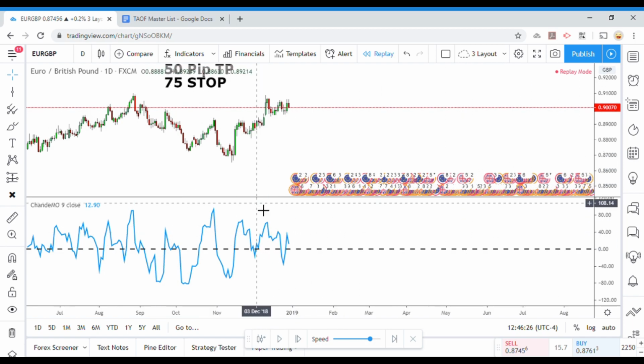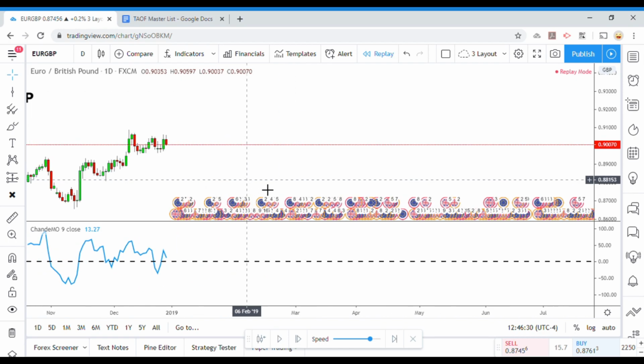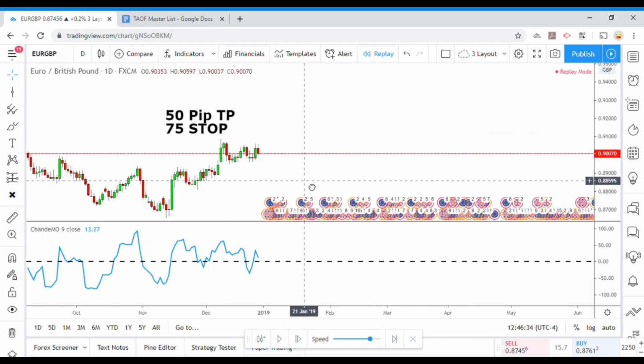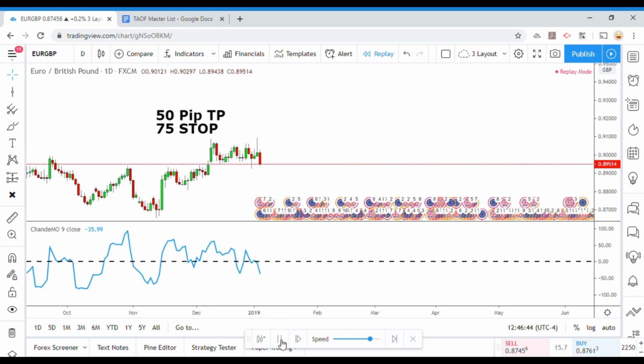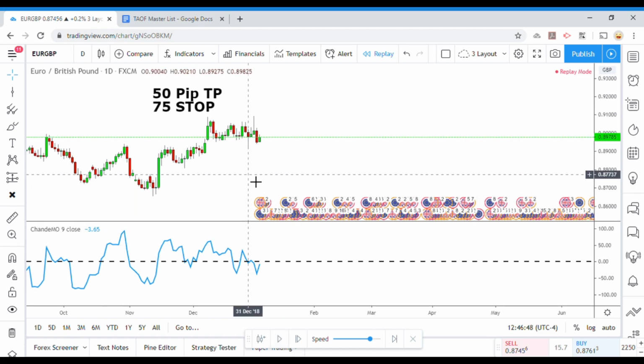Alright, there we go. Let's move these in a little bit closer. And we are again looking for a cross of the zero line. Let's see what we can get out of this thing.